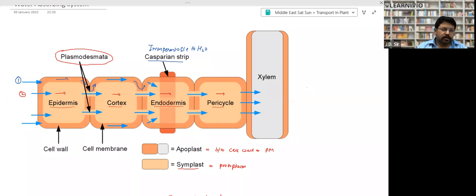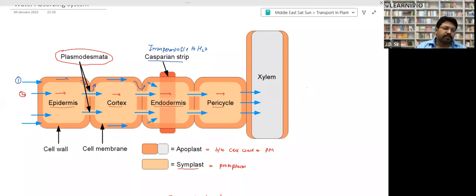Here you can see the water is moving between the cell wall and the plasma membrane in this space, from here to here. Now, at this point where the endodermal cell is, there is a Casparian strip. So water cannot cross by the apoplastic pathway here. Here the water will come to the symplastic pathway and will go on through the symplastic pathway. Before here, both symplastic and apoplastic pathways are possible.